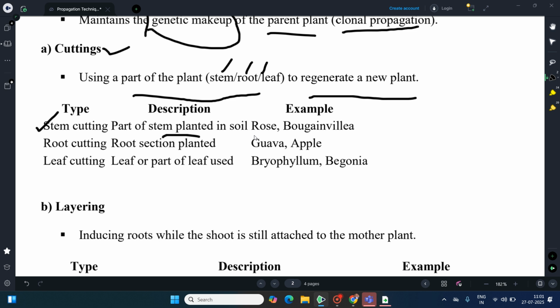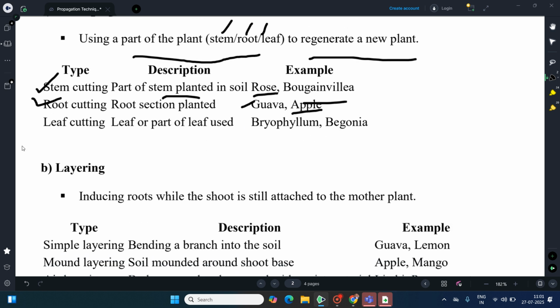The best examples are rose and bougainvillea. By using root cutting, crops like guava and apple are grown. In leaf cutting, a leaf or part of a leaf is used, and examples are bryophyllum and begonia.